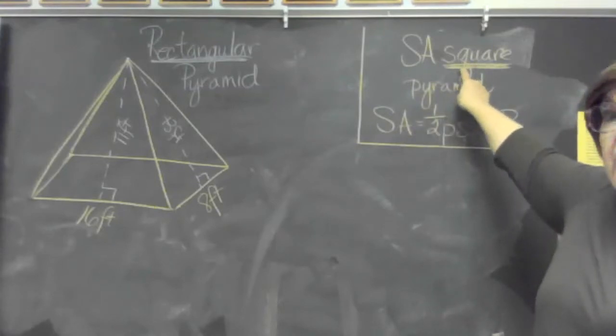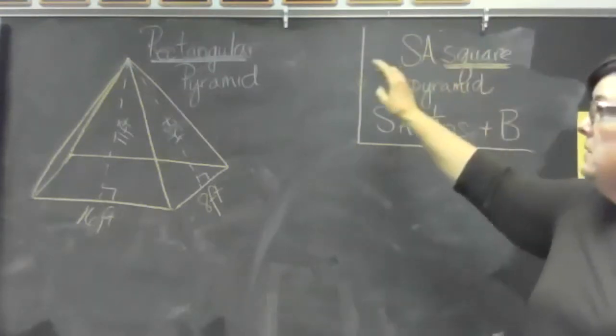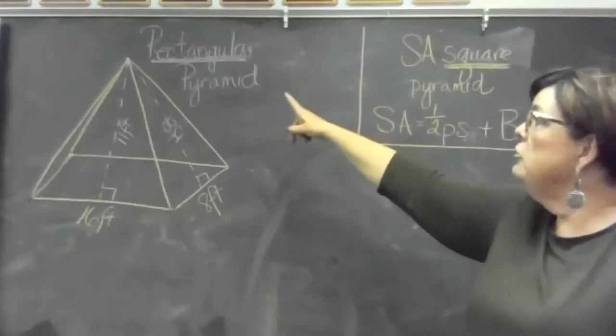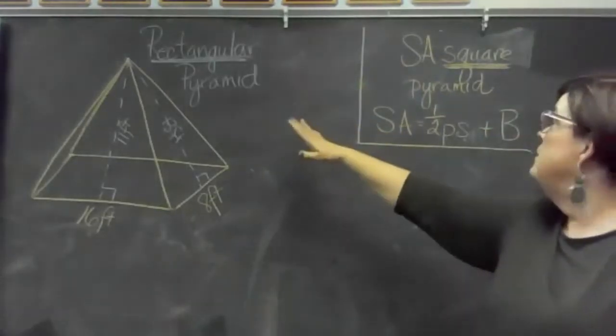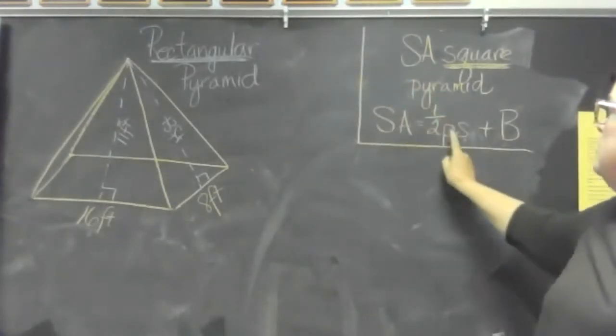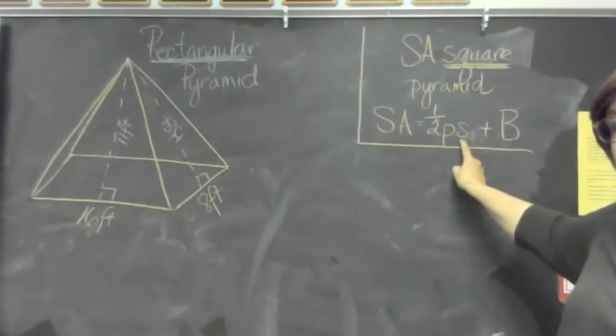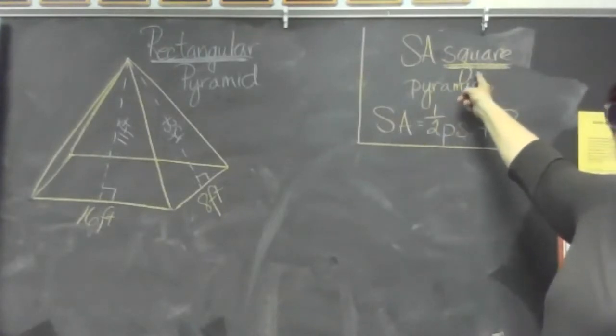That means that the base is a square, okay? But if we get to the rectangular pyramid, here's how we figured it out. Because the formula here for the surface area says to use the slant height, which is going to be the same all the way around a square pyramid.